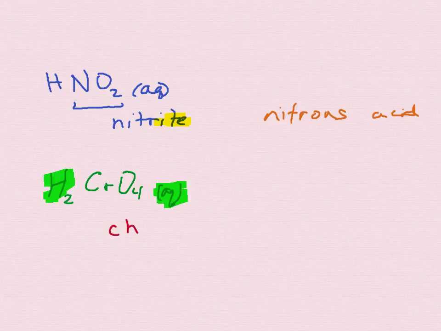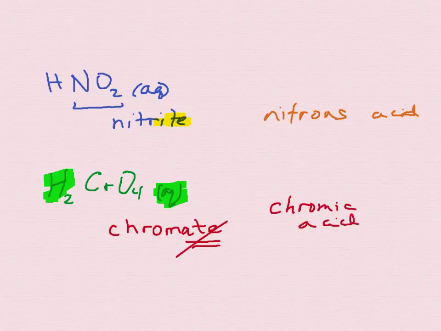And that's a chromate. So chromate, the rule states, keep the stem chrom, drop the ATE, and make it an ic. Therefore, this is called chromic acid. The H and the AQ is irrelevant to the name.